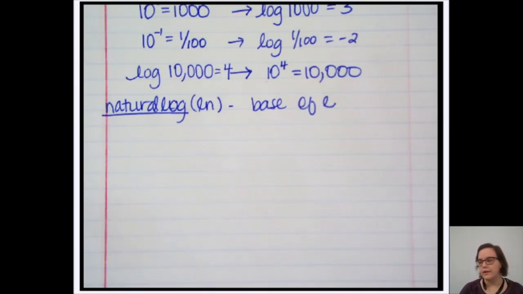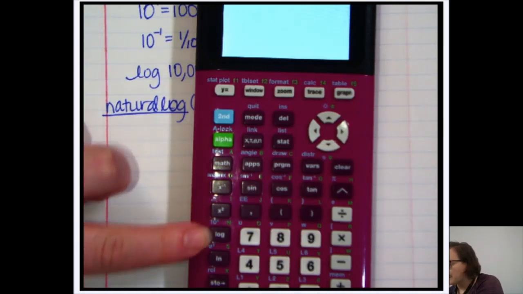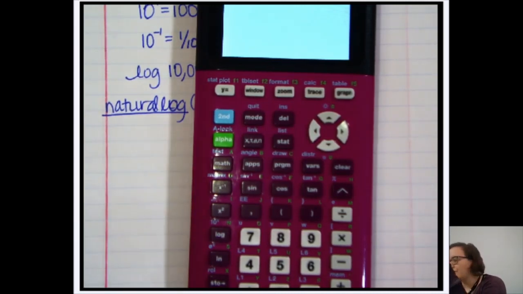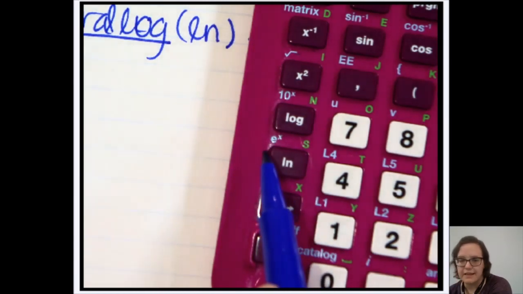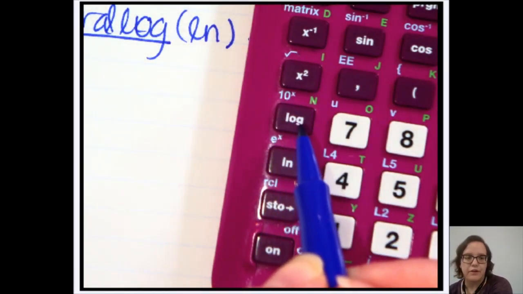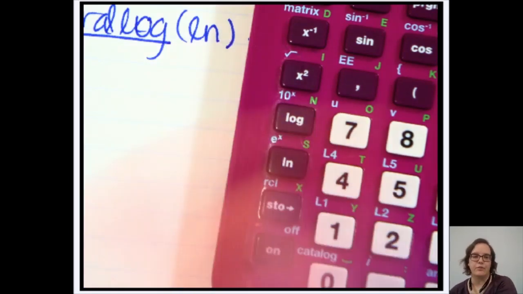And on our calculator, it actually gives us a hint. If you look at the second function of those, our shift or our second, you'll notice that on natural log, it has an e to the x power, and on log, it has 10 to the x power. So your calculator kind of gives you a hint.